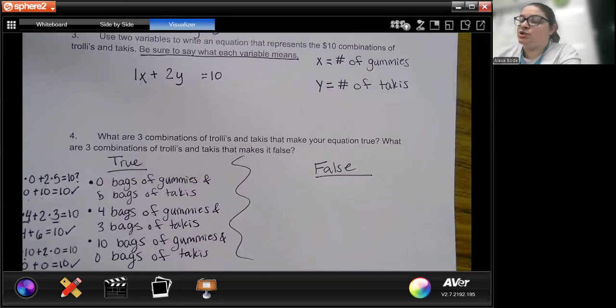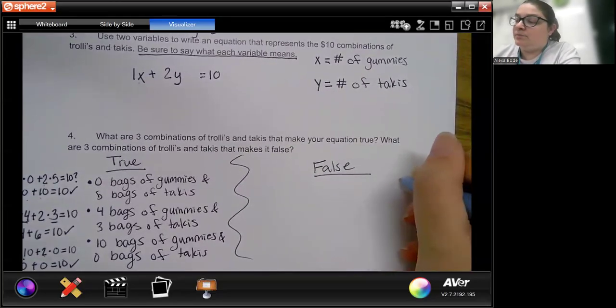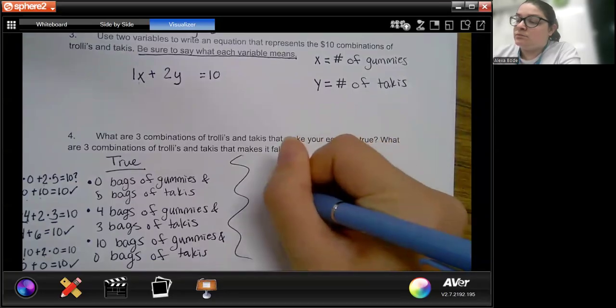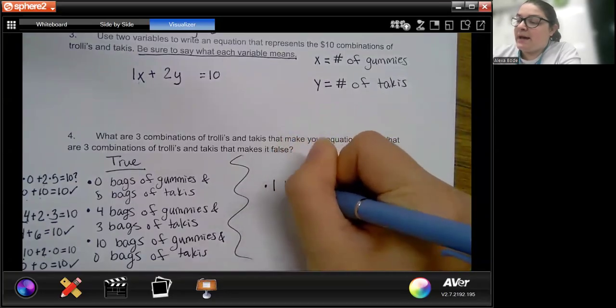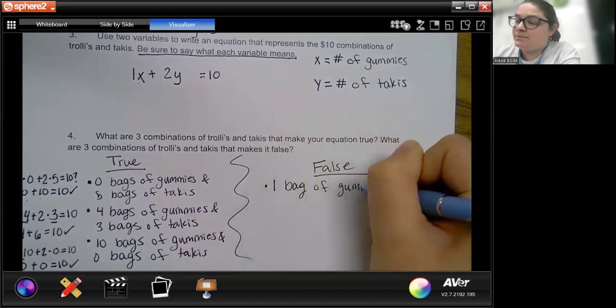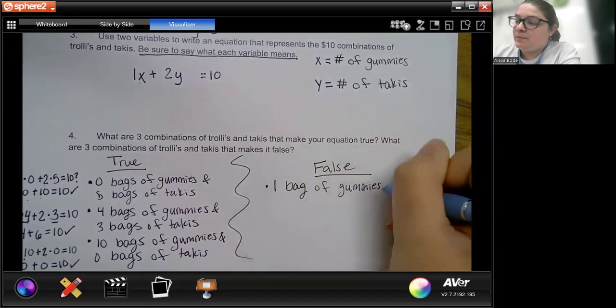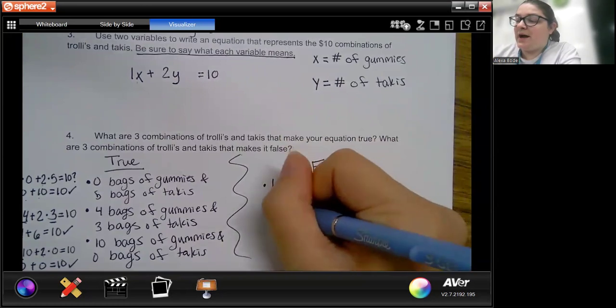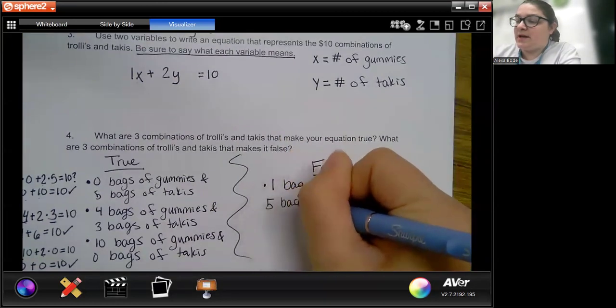So let's just try 1 bag of gummies and 5 bags of Takis.